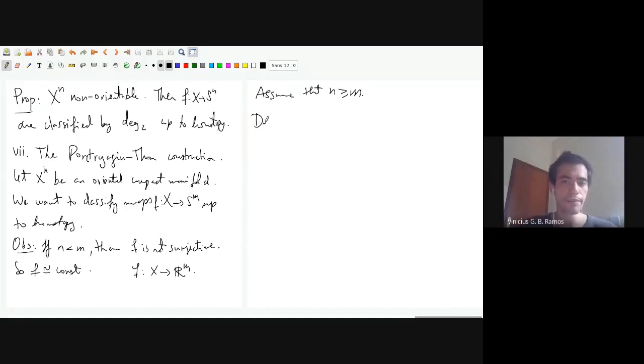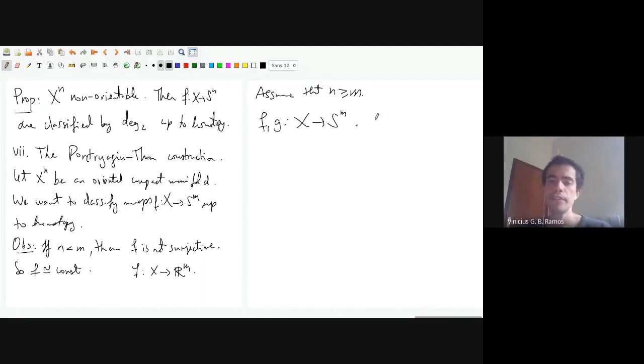Before we do that, let's see what kind of degree theory we would have in this case. Let's say you have F and G, two maps from X to S^m.